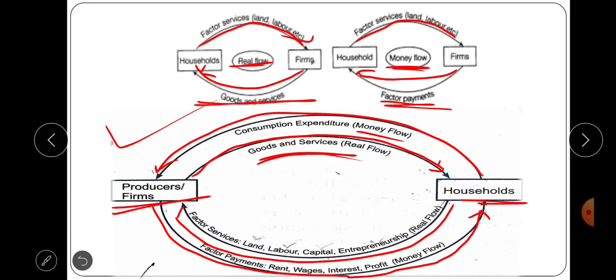Okay, so this is the difference between real flow and money flow, and for the circular flow of income, you can draw this diagram in the examination. Okay, this is the two sector model. Here we consider only two sectors, that is producers or firms and households.